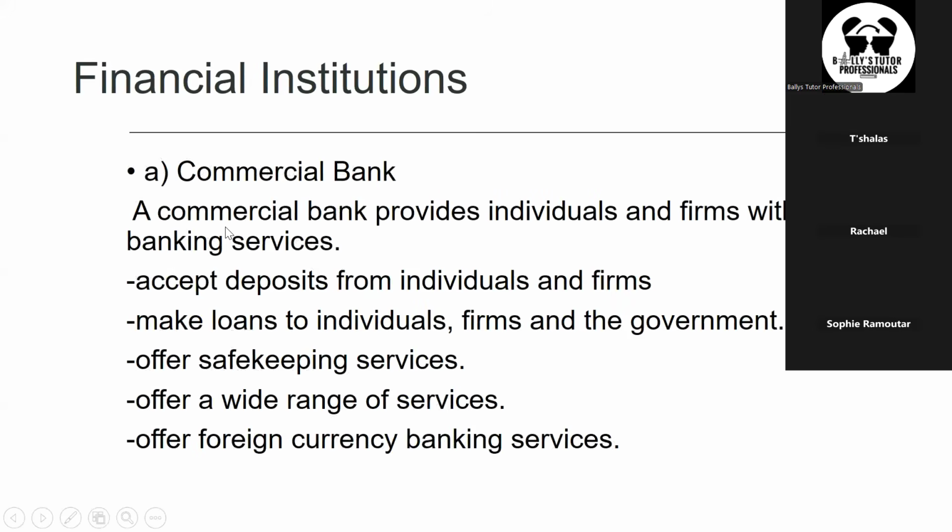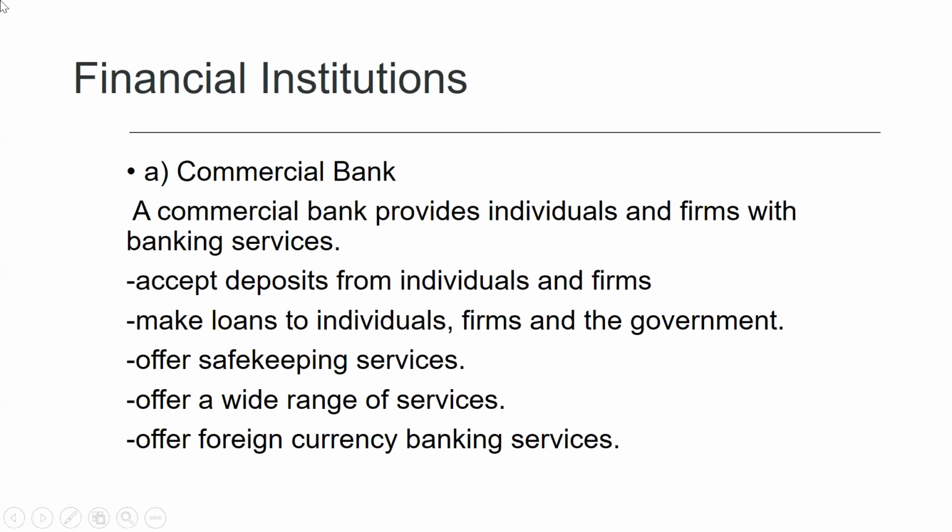So the commercial bank is the type of bank that we would be or should be most familiar with. They provide individuals like us and firms with different banking services. They allow us to deposit money, make payments, take loans, do safekeeping services like safety deposit boxes and stuff like that.